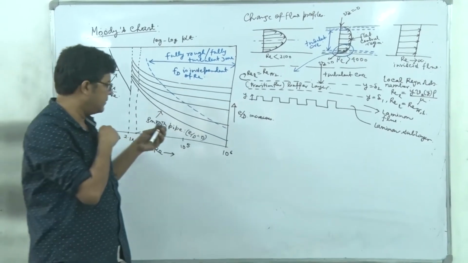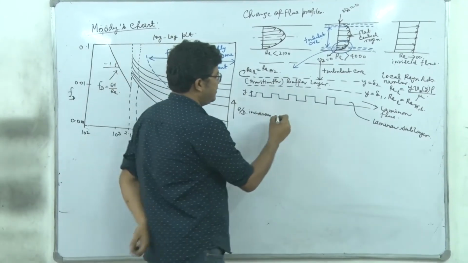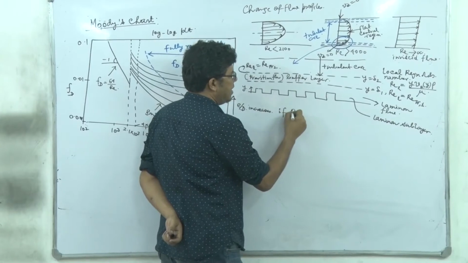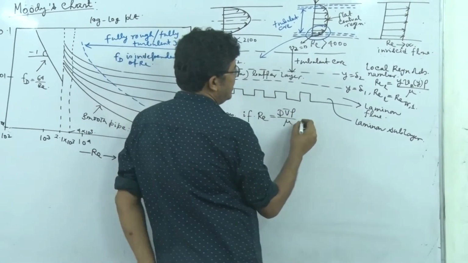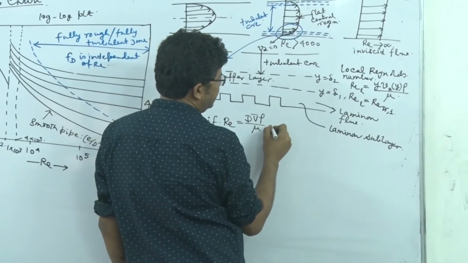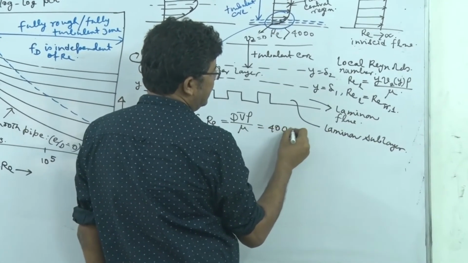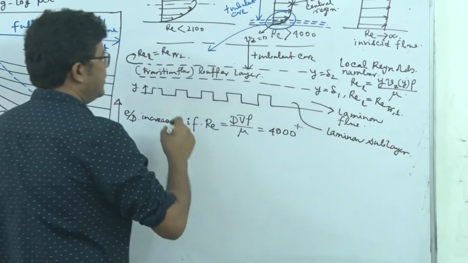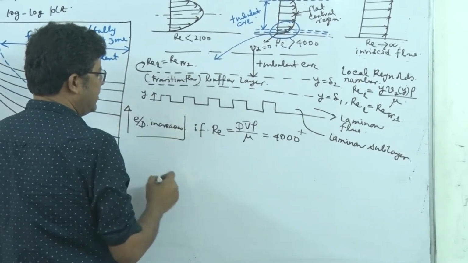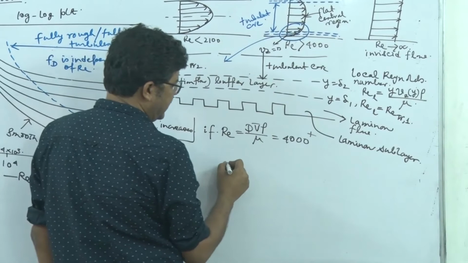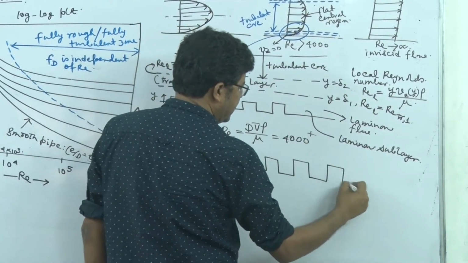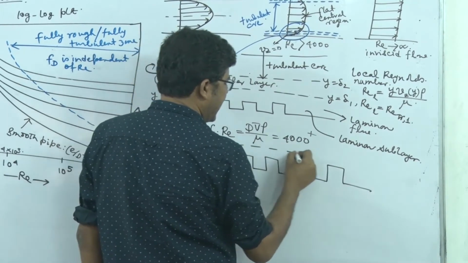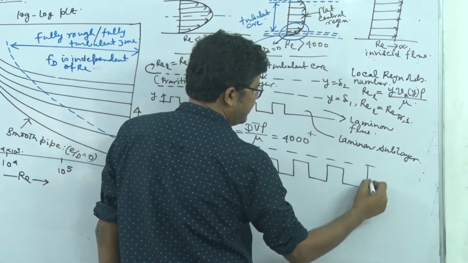What happens? You see that if Re, which is d V bar rho by mu, has just crossed 4000 plus, then the situation is that all these roughness elements will be inside this laminar sublayer.